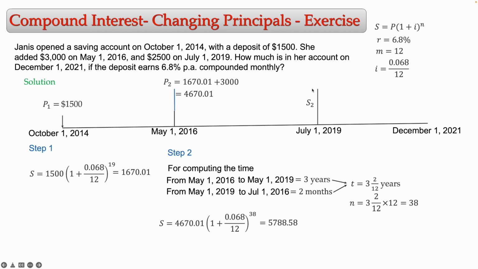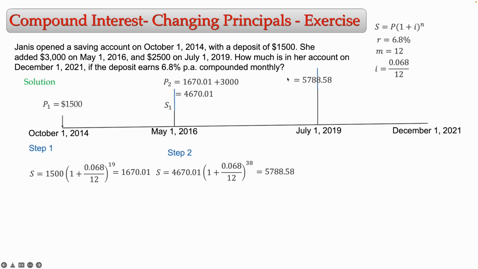I have 5788.58. This will be the future value. Obviously, I need to add the amount that was deposited that day, 2,500, and that will be the principal of the next period, and I will be making this in the third step. So let's compute the present value, which will be the amount that we have so far.